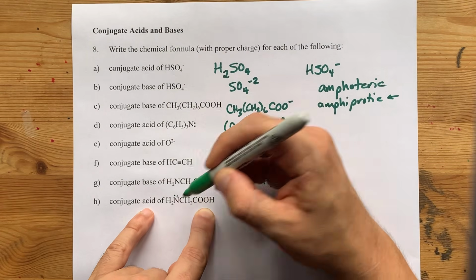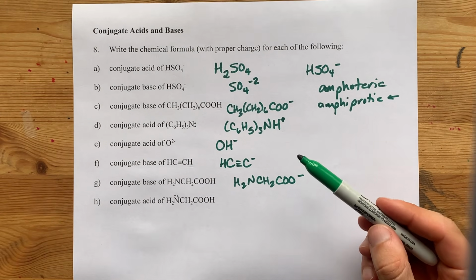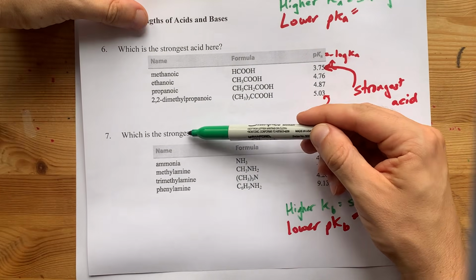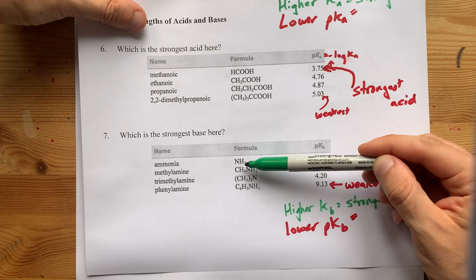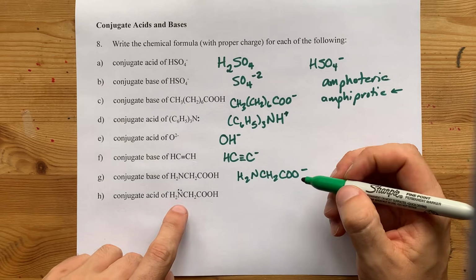Now, you might already recognize that N makes for a popular base. You see these lists of bases, and they all have nitrogen in it. That's because N loves accepting H's.